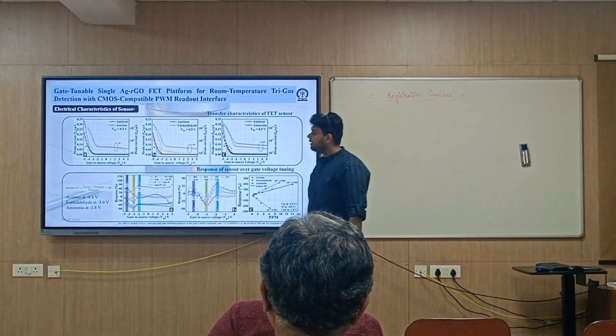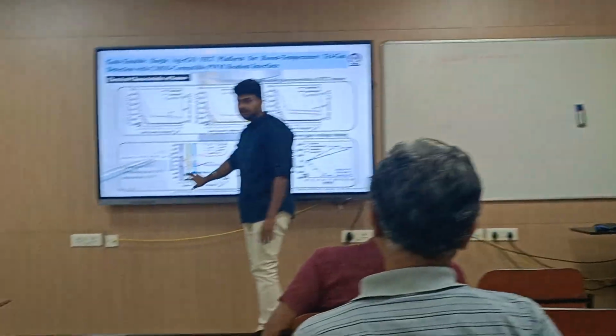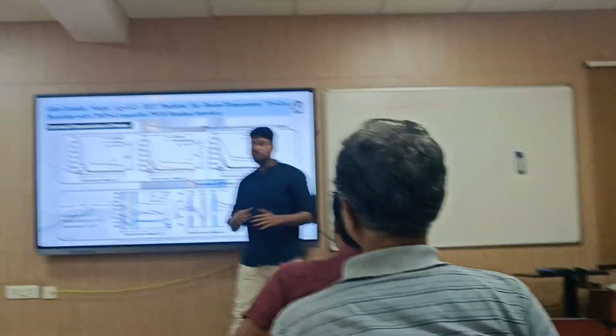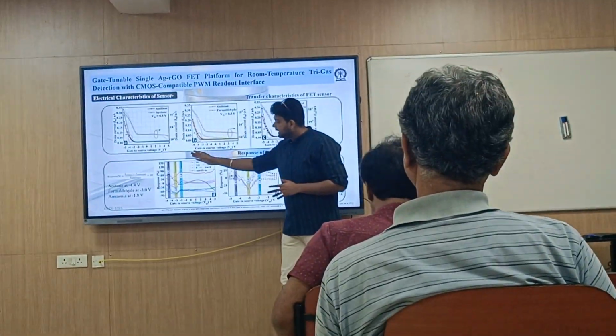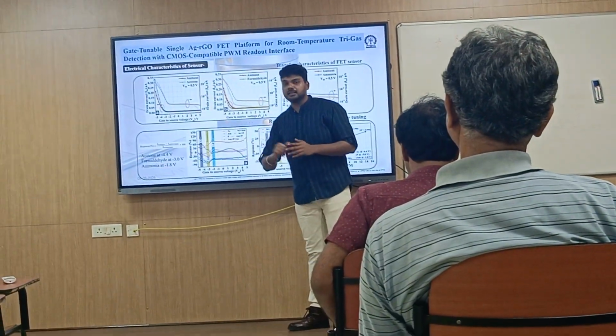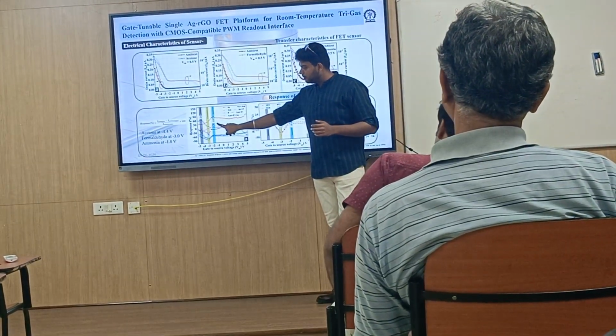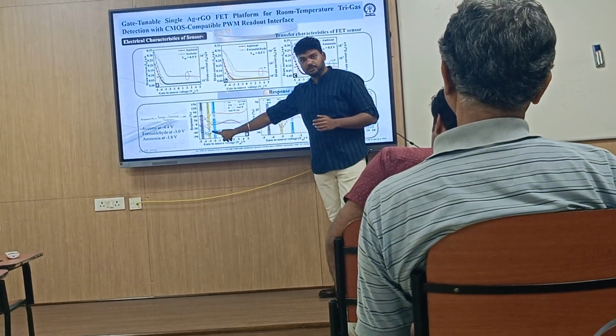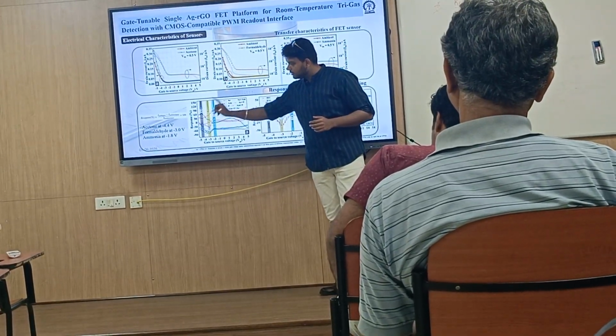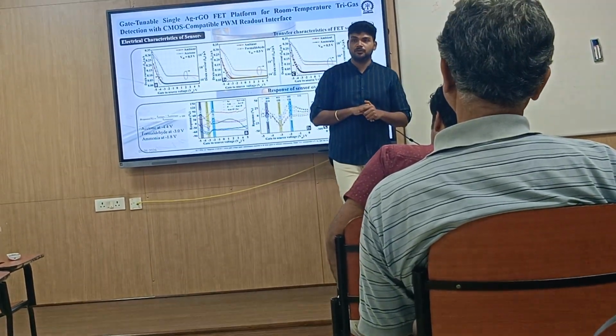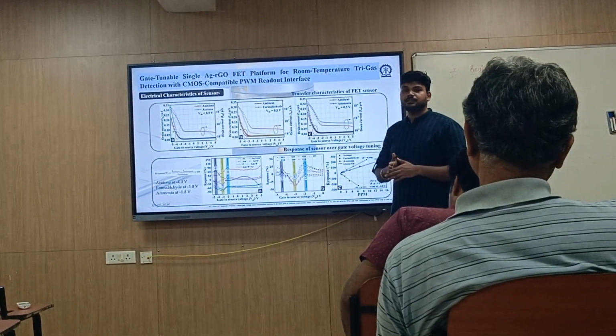But when we take the response delta I by I, normalized, each gas at a particular voltage gives a peak: ammonia at minus 1.8, formaldehyde at minus 3.0, acetone at minus 4.4.